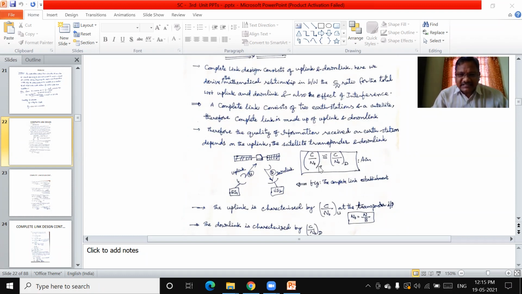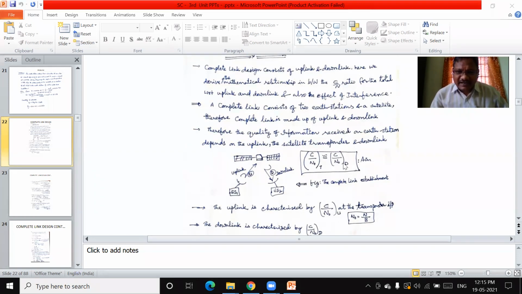So now here T stands for the total carrier to noise power spectral density, which indicates the complete link design, is approximately equal to carrier to noise power spectral density of downlink.